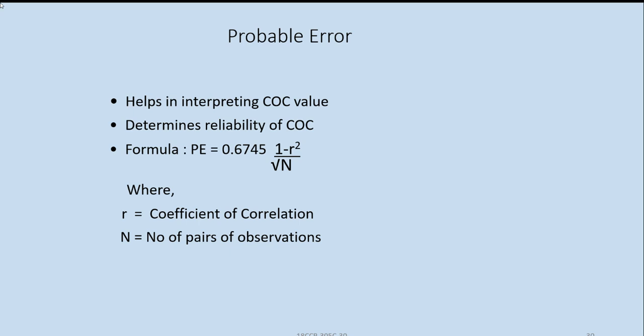So this formula you have to learn by heart: 0.6745 into 1 minus r square, divided by root n, where r is the coefficient of correlation and n is the number of pairs.